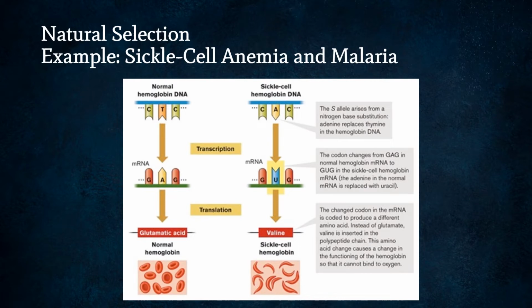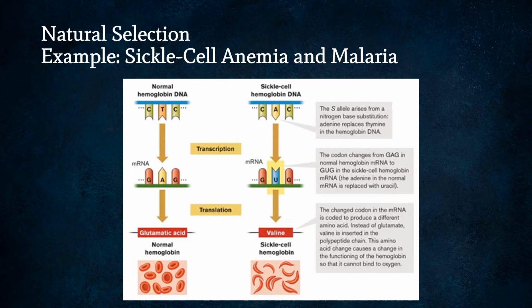Okay. So what happens here is there was a mutation, and in this mutation, the normal version has a T, and in the sickle cell DNA, there is an A. This results in the transcription of a U instead of an A, and instead of the normal amino acid, glutamic acid, resulting in normal red blood cells, valine is the amino acid produced, and it results in the sickle cell shape of the red blood cells.